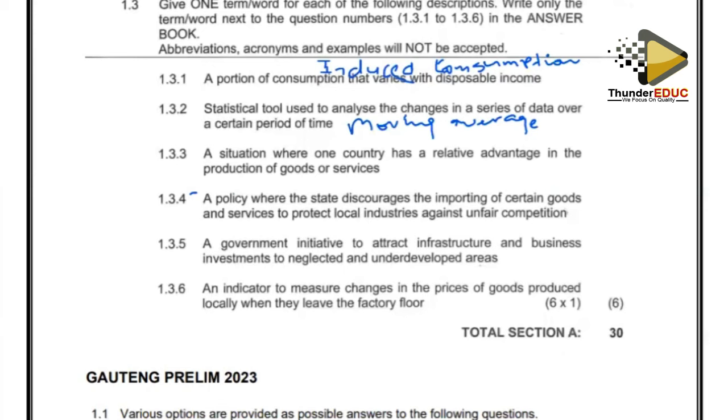So now a country can only have a relative advantage when it comes to the production of goods and services when it doesn't spend a lot of money, or when it doesn't spend a lot of resources, where it doesn't engage in a lot of expenditure on inputs or factors of production. So in this regard, our appropriate answer is going to be comparative advantage.